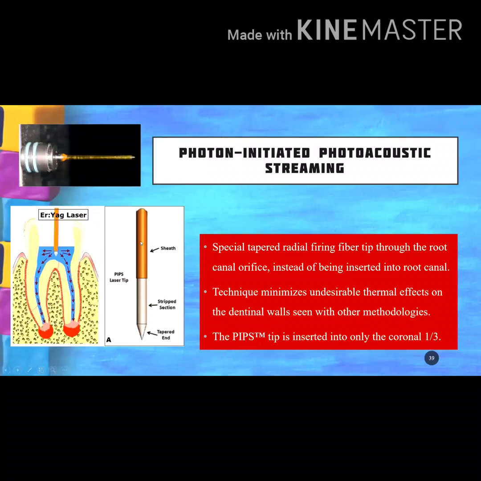This tip is a conical tip, tapered, with a special tapered radial firing fiber tip, placed at the root canal orifice instead of being inserted into the root canal. This technique minimizes the undesirable thermal effect on the dentinal walls seen with other methodologies. The PIPS tip is inserted into only the coronal 1/3.